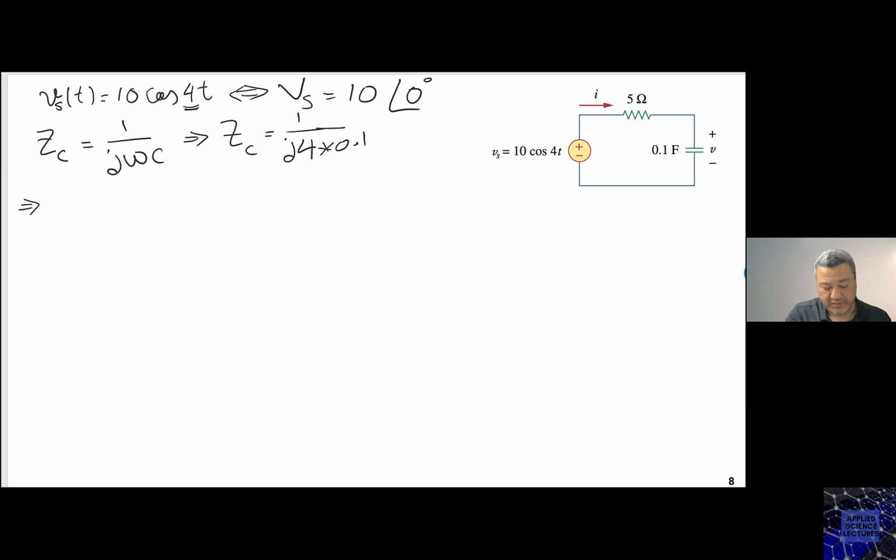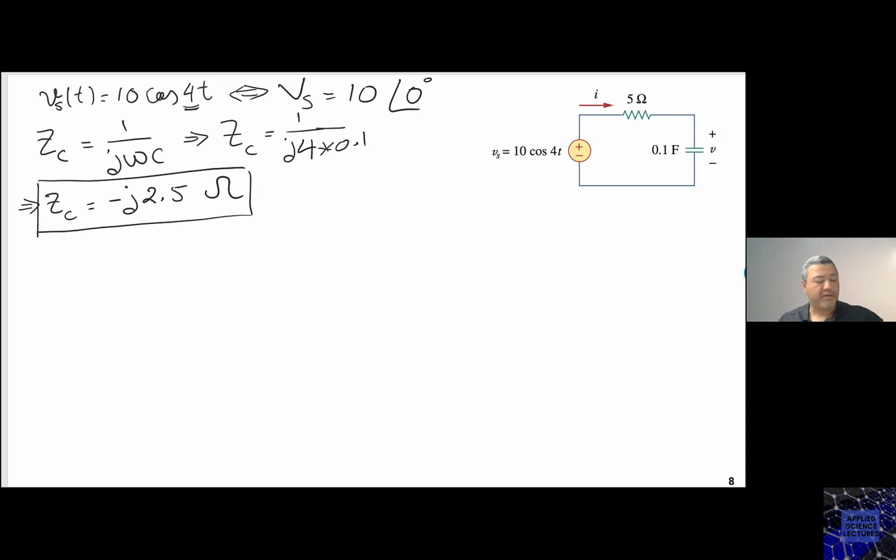So ZC is minus j times 1 divided by 0.4, which is minus j 2.5 ohm. Keep in mind, capacitors always will have a negative impedance. Why? Because the imaginary number is in the denominator, right? Once you move it up, it becomes minus j. So this is the impedance for the capacitor. The impedance for the resistor is 5.